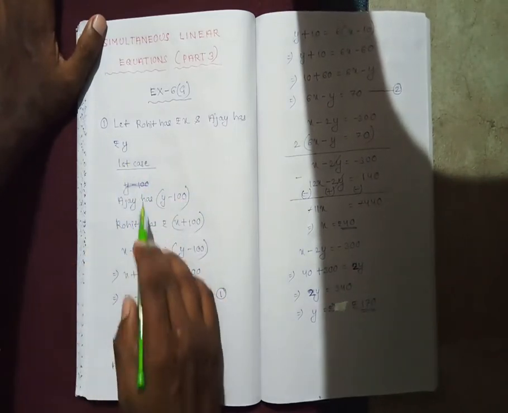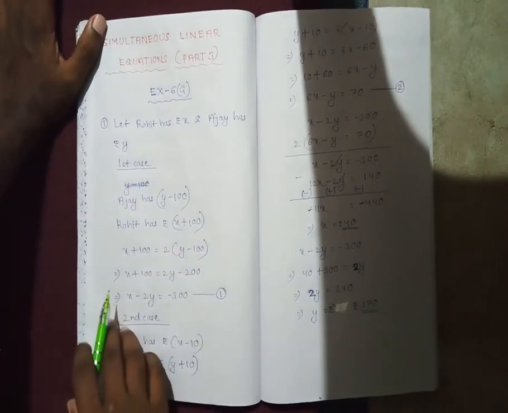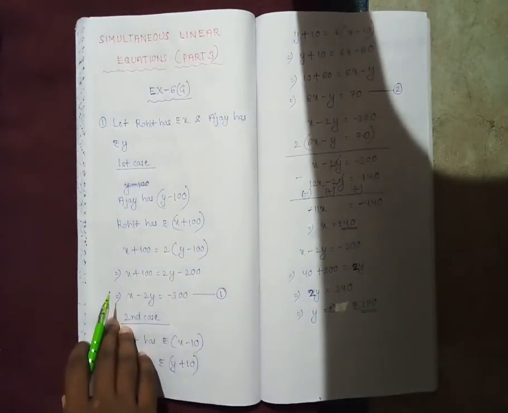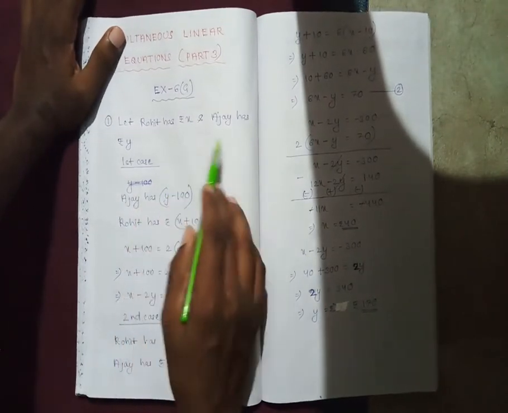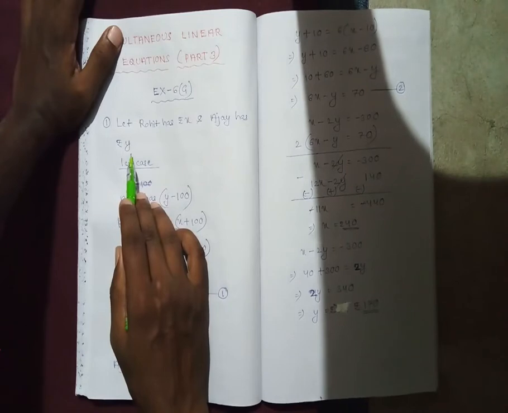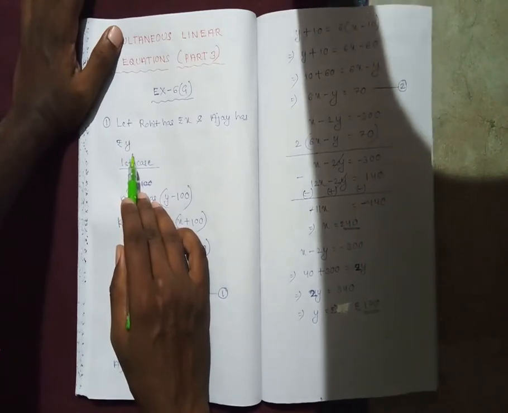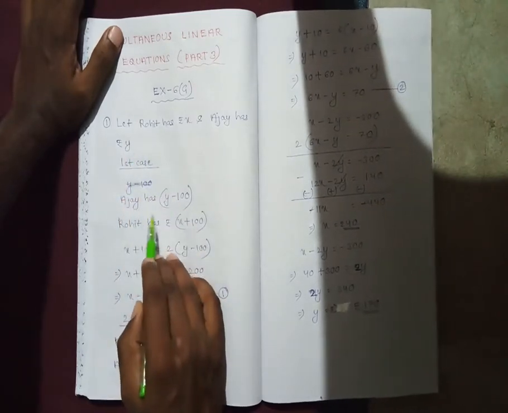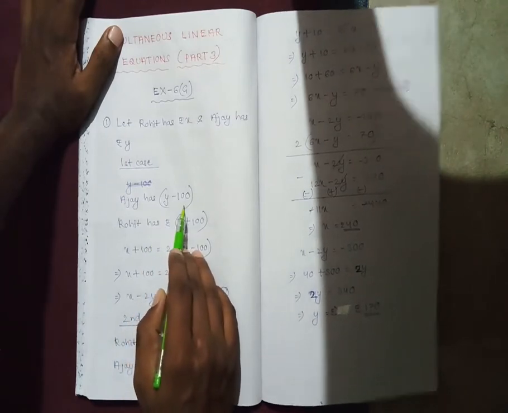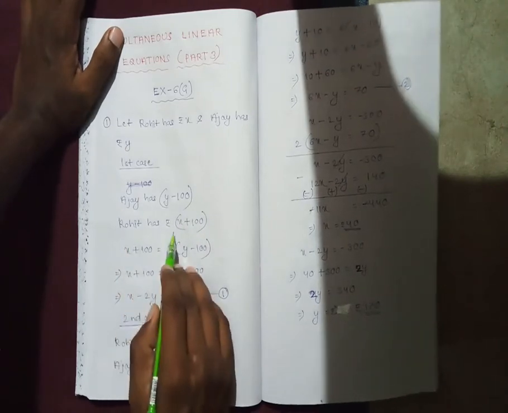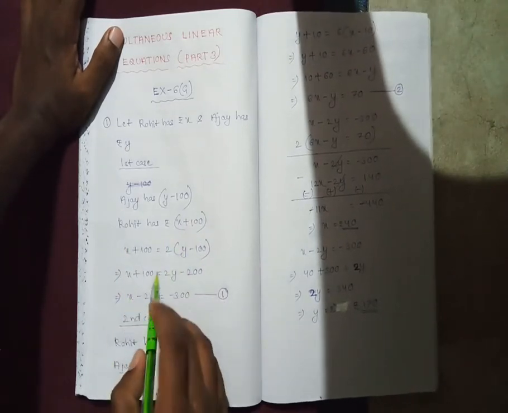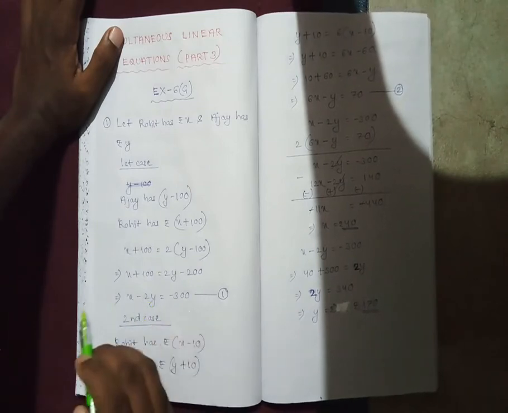Let us move to the first case. Rohit says to Ajay that if Ajay gives 100 rupees to Rohit. Here Ajay had actually y rupees, but if he gives 100 rupees to Rohit, then Ajay will have y minus 100 rupees, and Rohit will have x plus 100 rupees because he will receive 100 rupees from Ajay.